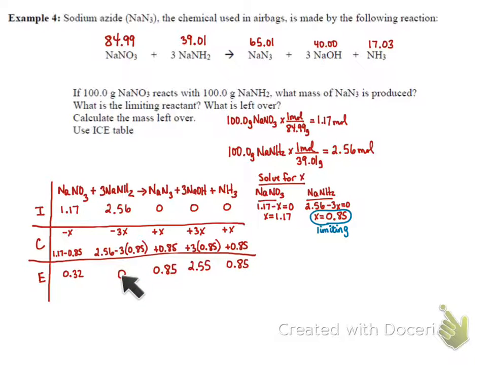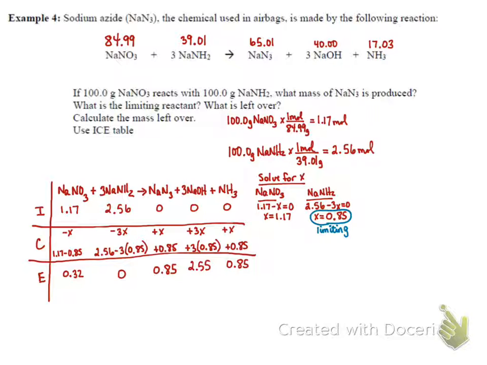There's going to be 0 left over. 0.85 moles formed of NaN3, 3 times x, or 2.55 moles of sodium hydroxide, and 1 times x, or 0.85 moles of NH3. So then we look at what we need to calculate at the end.